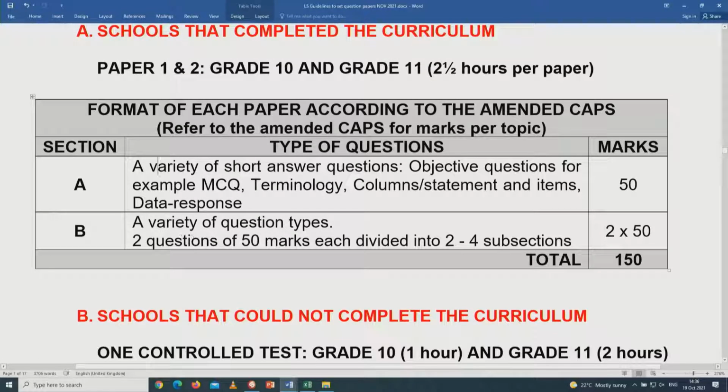And then section B, 2 questions, question 2 and question 3, each divided into 2 to 4 subsections, as we have it. You know these things.